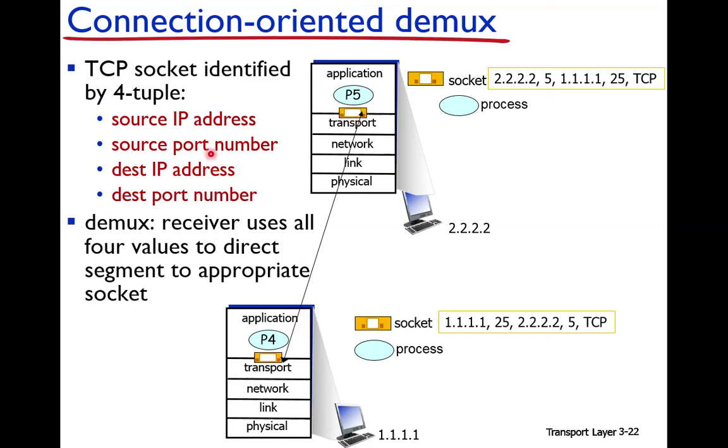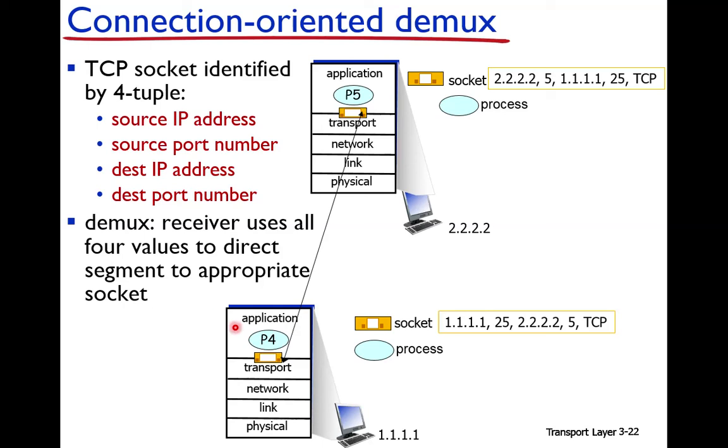Okay. So a TCP socket is identified by a 4-tuple. The UDP socket is identified by the destination port number, and the TCP socket is identified by 4 things, a 4-tuple: source IP address, source port number, destination IP address, and destination port number. So what does it mean?